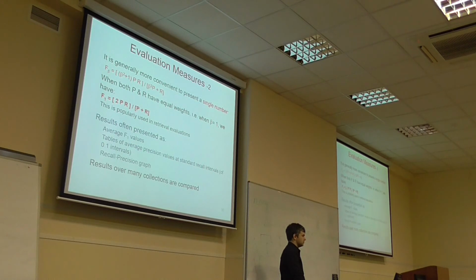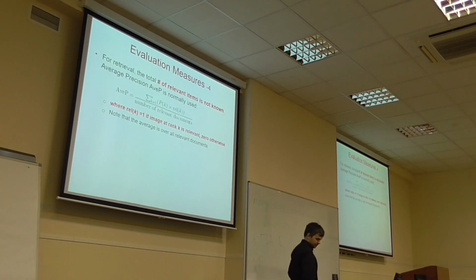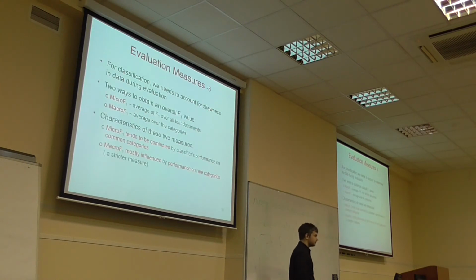You cannot do it for each document, you calculate it for each category. No, but please put up the next slide. So there is the previous one. Micro measure is the average of F measure over all test documents. So it means that you estimate F measure for each document. Yeah, I think it's not a correct formulation. It's a measure for each category.